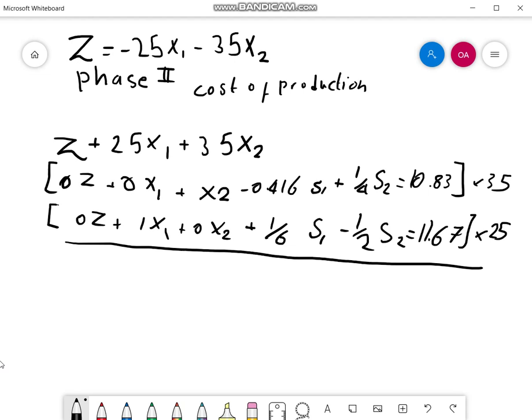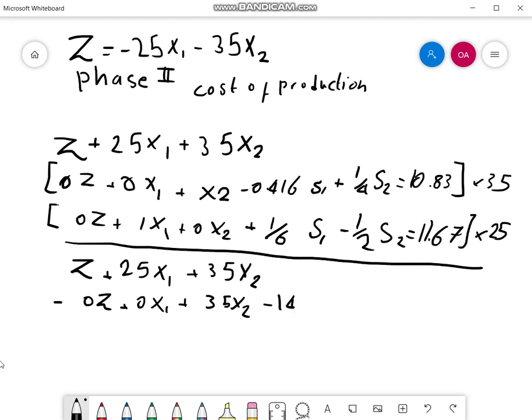So here we have z plus 25 x1 plus 35 x2, minus 0z plus 0x1 plus 35 x2 minus 14.85 s1 plus 8.75 s2 is equal to 379.16.